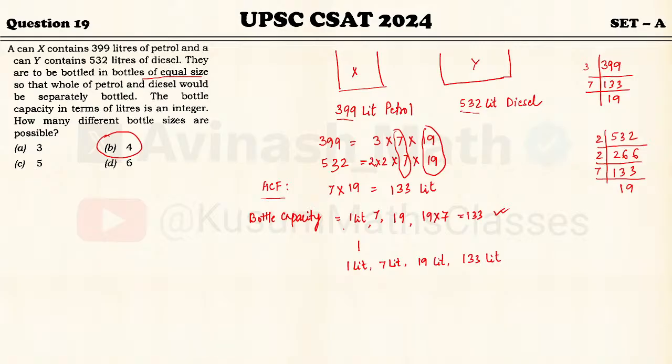So how many different sizes are possible? Actually 1 liter, 7 liter, 19 liter and 133 liter.